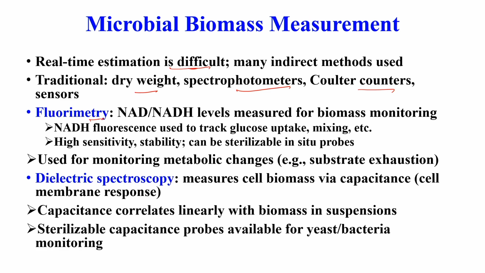But now one can also use this fluorimetry. So, it measures the NAD or NADH level for biomass monitoring. So, NADH fluorescence is used to track glucose uptake and mixing etc. So, it indicates whether a biomass is active, and depending on the biomass growth, this rate of uptake will vary.